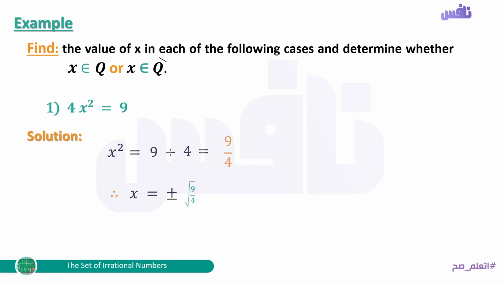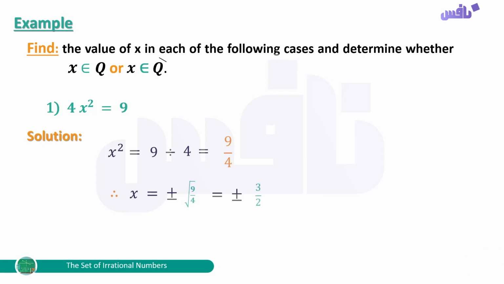If we have, for example, x power 4, the power of x here is even. So if you want to solve an equation, have x power 4, do not forget positive or negative because the power of x here is even. 2 is even number, so we must put positive or negative. And by using calculator, the result will be positive or negative 3 over 2.